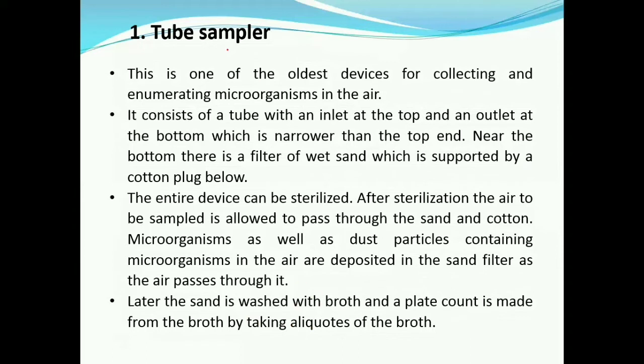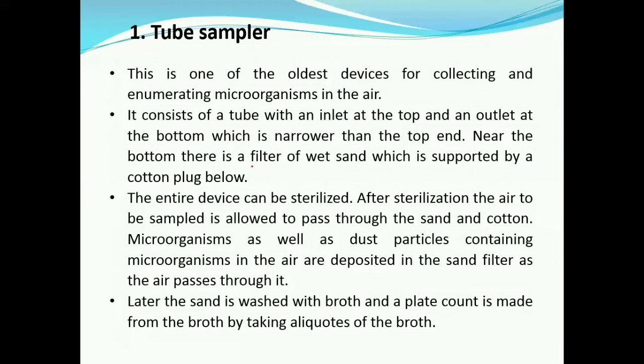Now the first technique is a tube sampler. It is the very oldest device for collecting and enumerating the microorganisms in air. It has a tube with an inlet at the top and an outlet at the bottom, which is narrower than the top end. Near the bottom there is a filter of wet sand, which is supported by a cotton plug.